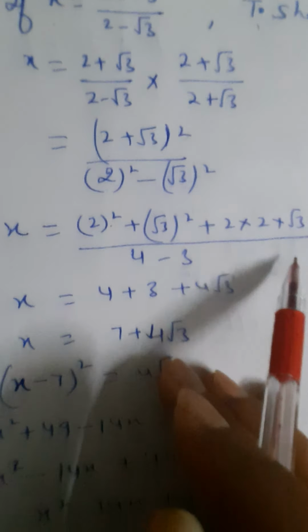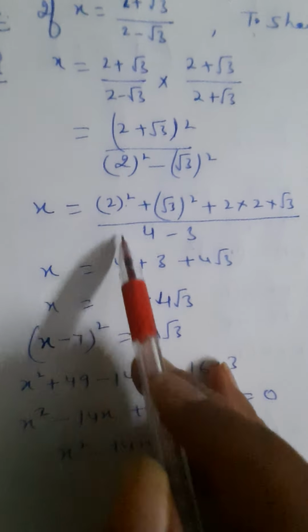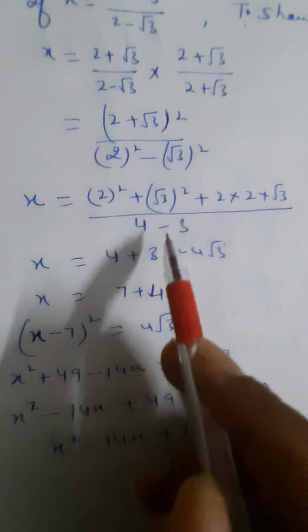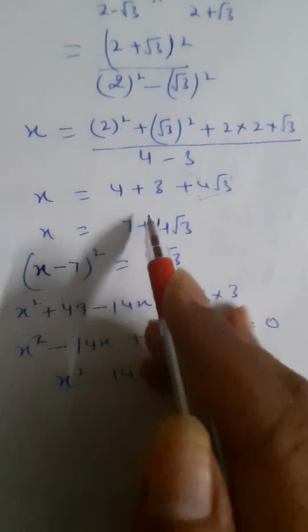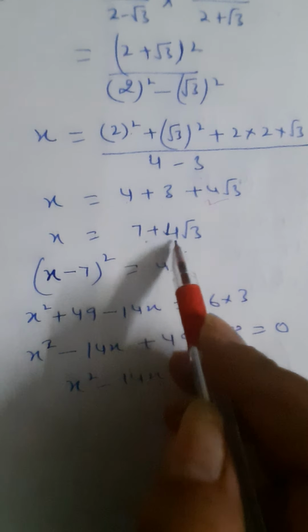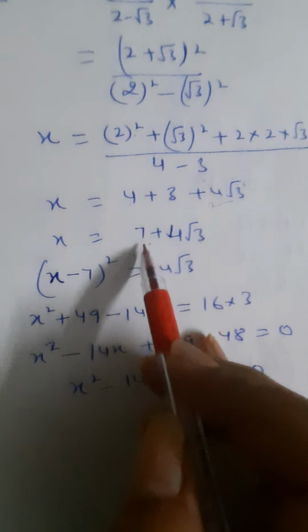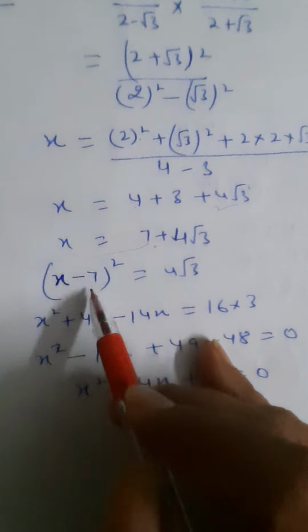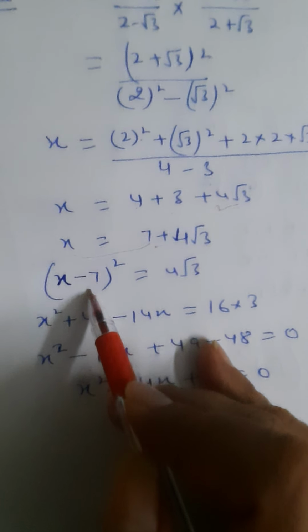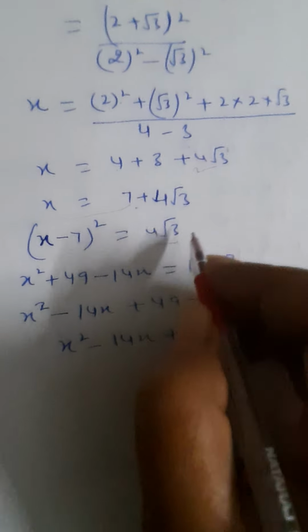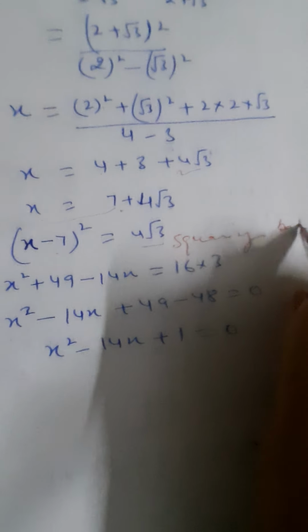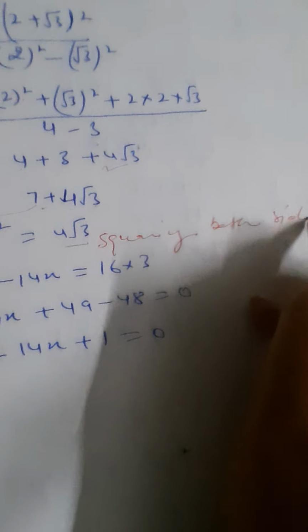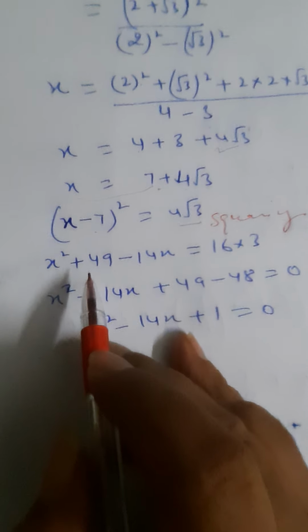Clear? Now just see, 2 square 4, root 3 square 3, 2 2 ja 4, 4 root 3. This will become 7 plus 4 root 3. Now just bring this 7 this side. Okay, 4 root 3. Now squaring both sides. Squaring both sides. What will happen?